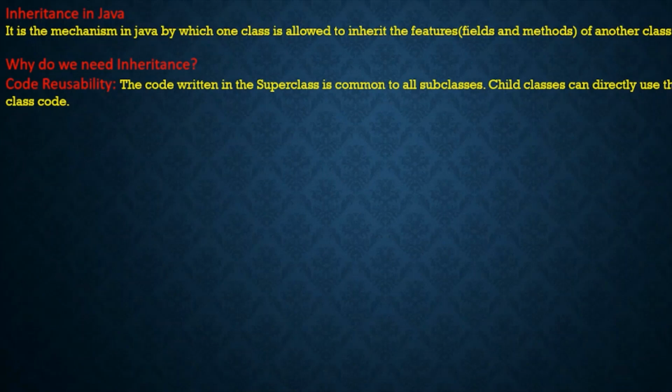That means whatever fields and methods are there in one class are going to be inherited by another class. That means the same code that is there in class A is inherited by class B. Okay, that is the code reusability.